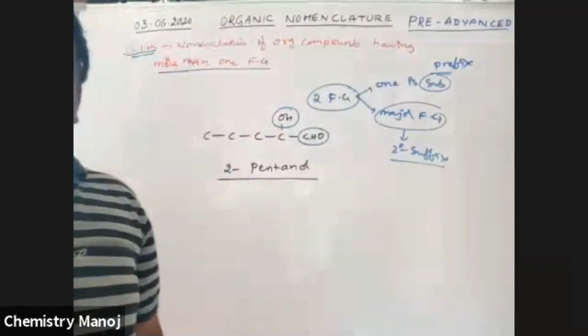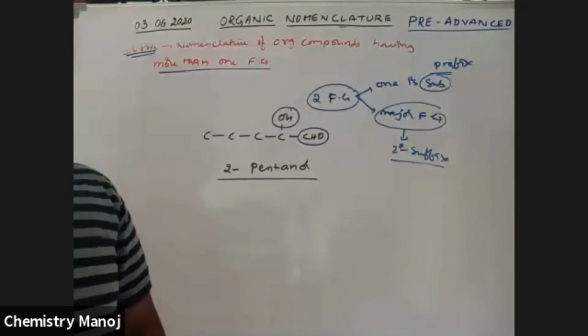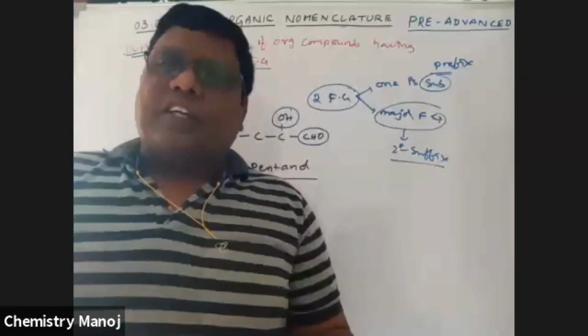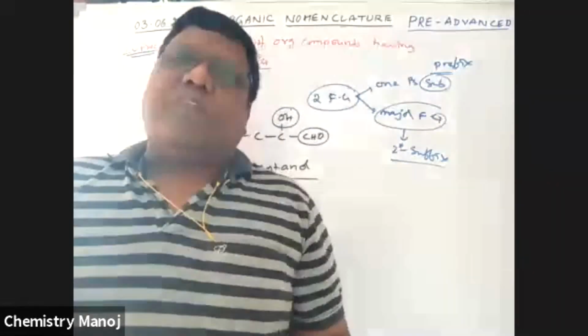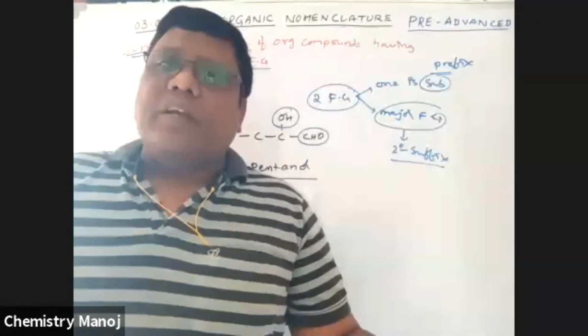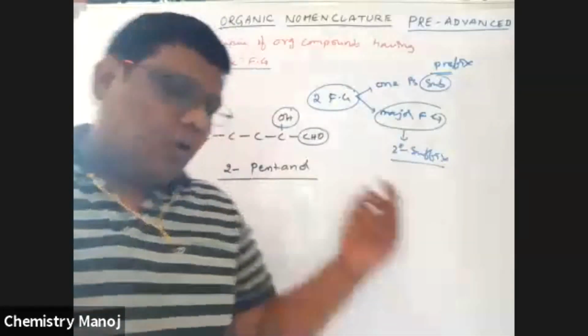Which is major, which is minor is very important. That's why I'm writing here the order of priority of certain functional groups. More major is the secondary suffix, and the less major one is the prefix, substituent.